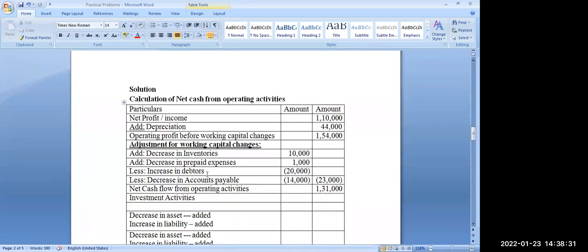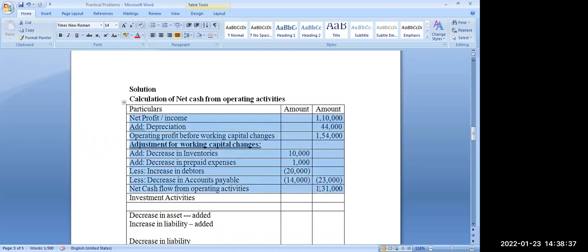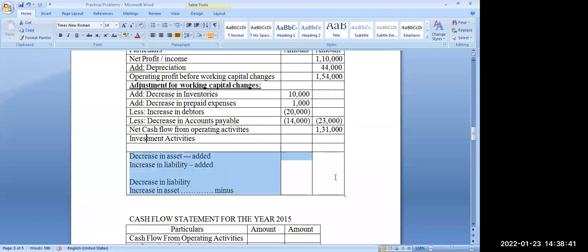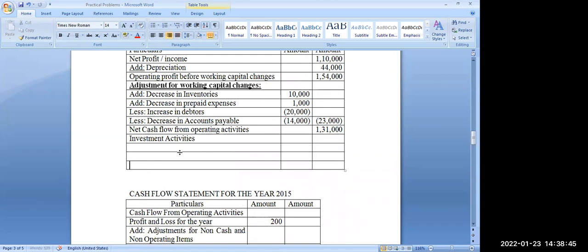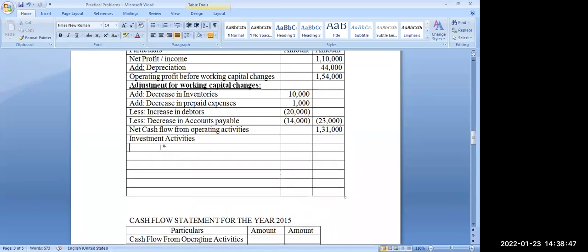Then I will find out the cash flow from operating activity. Otherwise, you can find out the cash flow from operating activities first and then bring the opening balance, or bring the opening balance last also. Suppose here there are two or three items in investment activity.